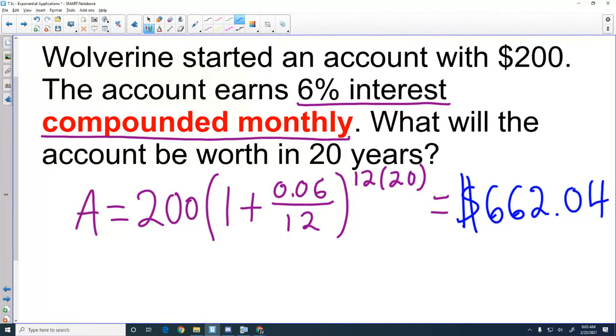No, do the parenthesis first. 12 times 20, close parenthesis, enter. Uh-oh. So you might have to do 1 plus, to the parentheses.